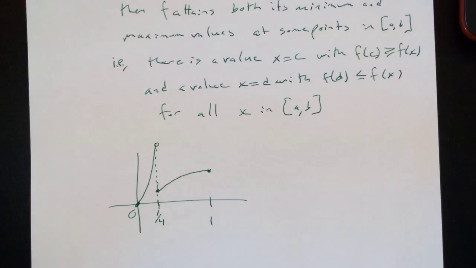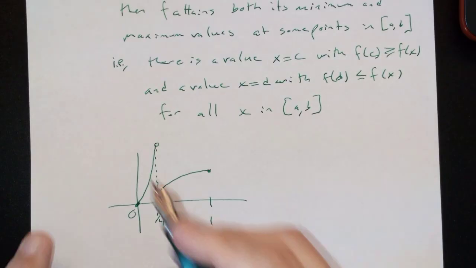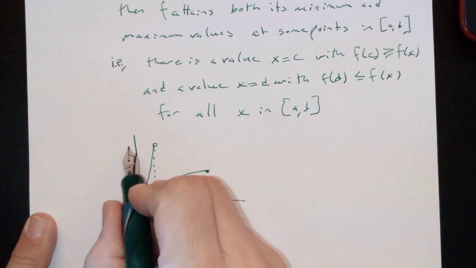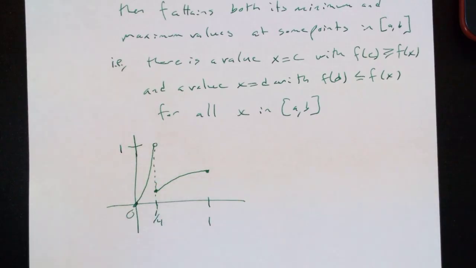There's a limit, but there's no actual value up there. I didn't put a y value up there, right? So, we could say maybe this y value is 1, but we never actually hit 1. Do we have a maximum? No. I do have a minimum, though, right? I have a minimum at 0, but I don't have a maximum.